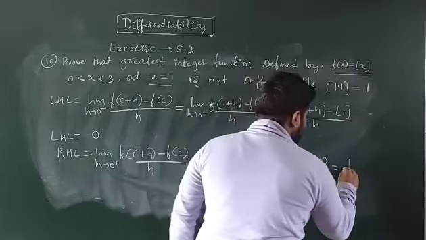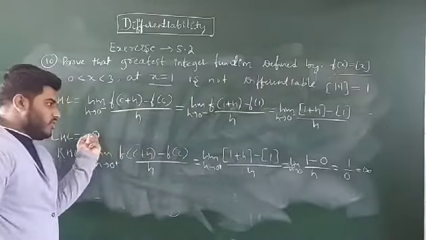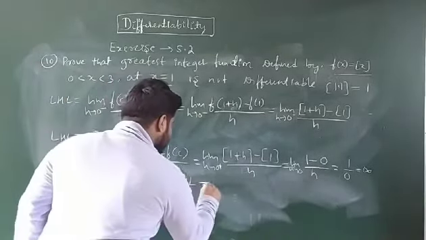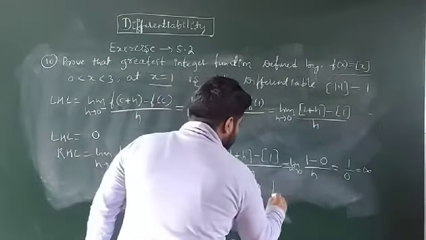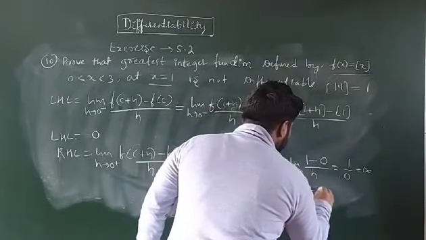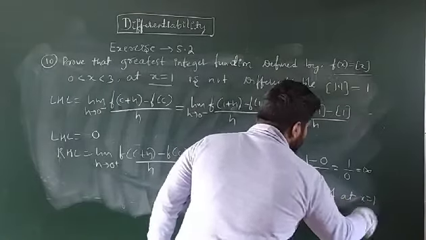So in this case we are getting 1 by 0, which is nothing but infinity. LHL we are getting 0, RHL we are getting infinity. So clearly LHL is not equal to RHL. So this implies f is not differentiable at x equal to 1.